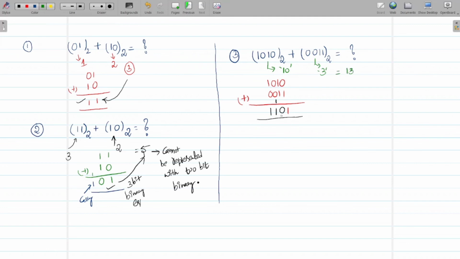Here 1101 is also nothing but a 4-bit binary equivalent. Okay.